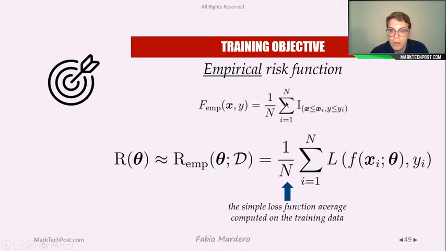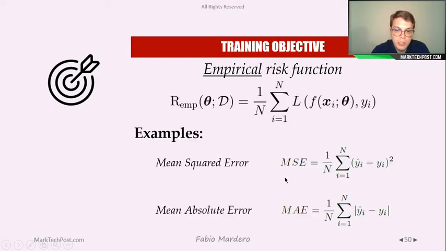So since this is equal to 1 only when these two conditions are true, then we get that the empirical risk function is the simple loss function average computed on the training data, the dataset here. But we will characterize more in the next section while we are talking about training data here.